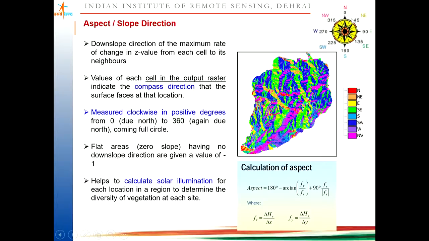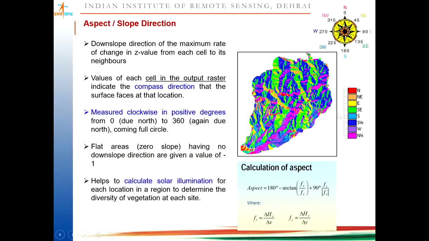You can say 0 to 45 is northeast, then 45 to 90 degrees is east, and 180 is south. So we can calculate the aspect map and generate north, northeast, east, southeast, and various direction maps from the digital elevation model.